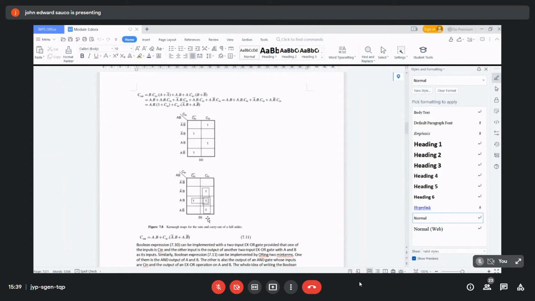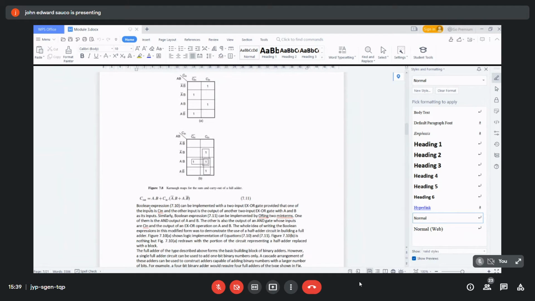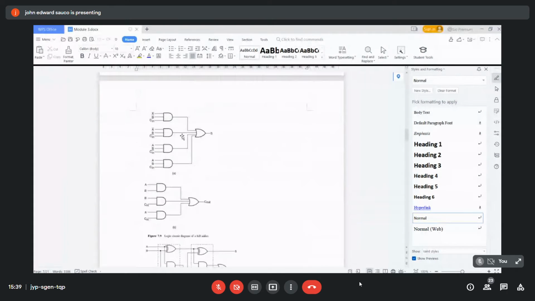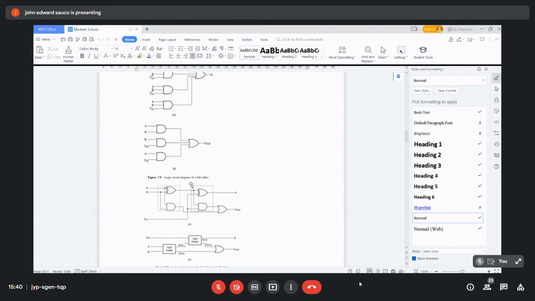And then, yung carry out na simplify natin. So, ito yung carry out na simplified form ng full adder. So, ito yung kanyang logic diagram. Puro AND then OR, puro AND then OR.